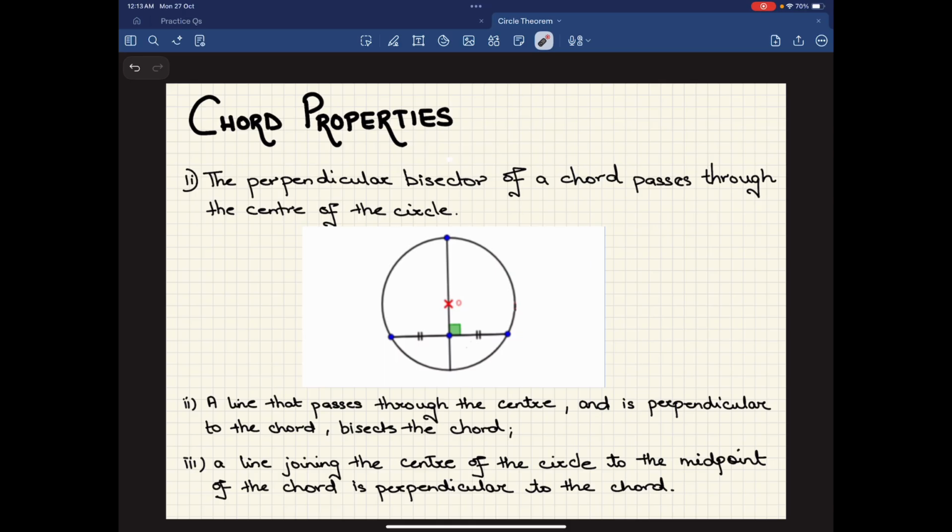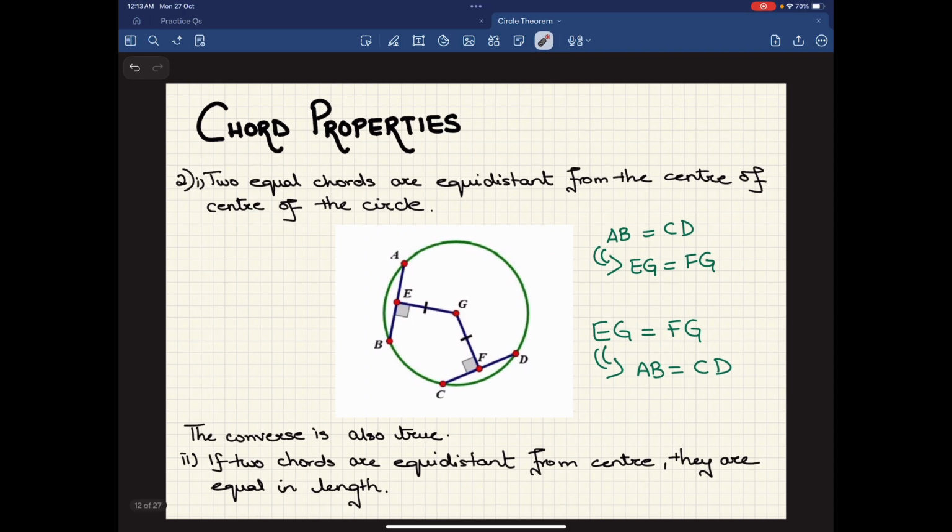Let's move on to the second chord property, which states that two equal chords are equidistant from the center of the circle. So if they've given you in the question that chords AB and CD are equal, then you can be sure that their distance from the center is going to be the same.